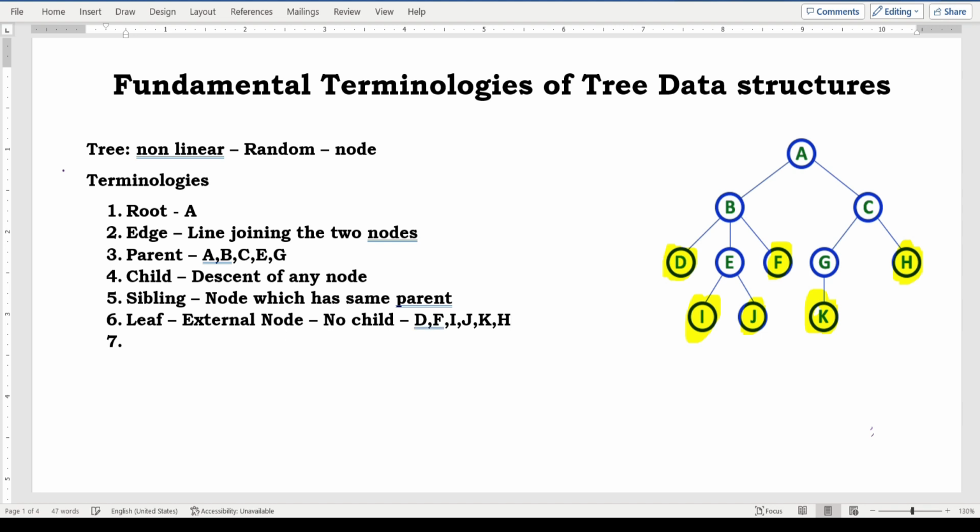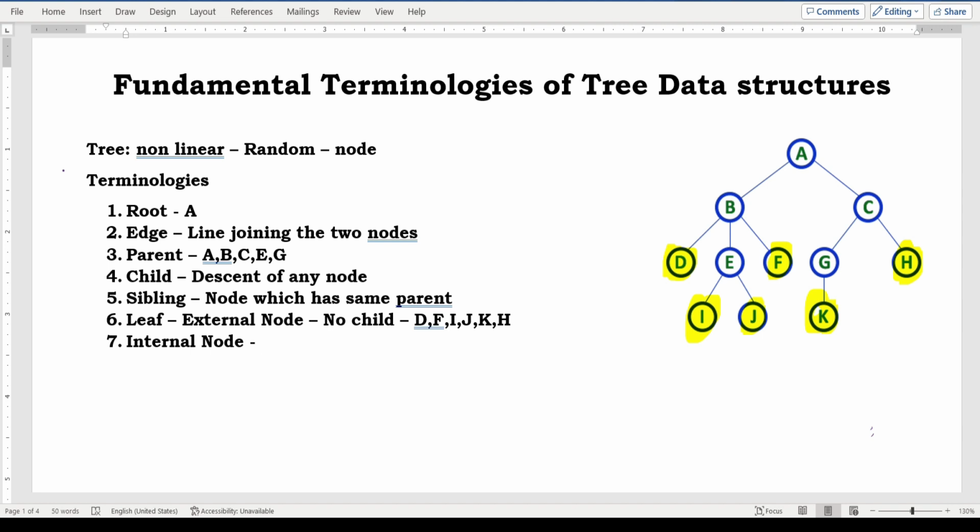And number 7, internal node. An internal node is a node which has at least one child. Nodes other than the leaf nodes are called internal nodes. The root node is also said to be an internal node if the tree has more than one node.